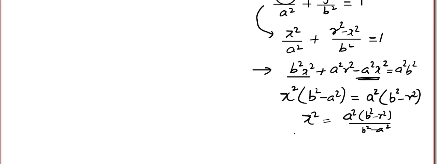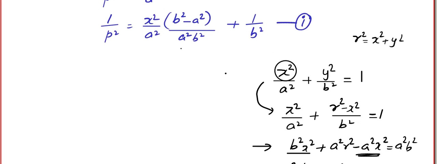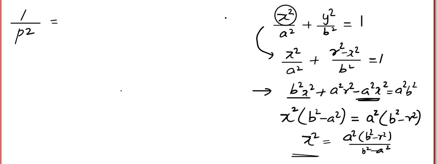Look, now what I did is I'm writing x in terms of b and r, a and b. Now that's it. I'll plug it here. So let's see what happens. 1 by p square equal to x square. This is our hero. What should I do with x square?